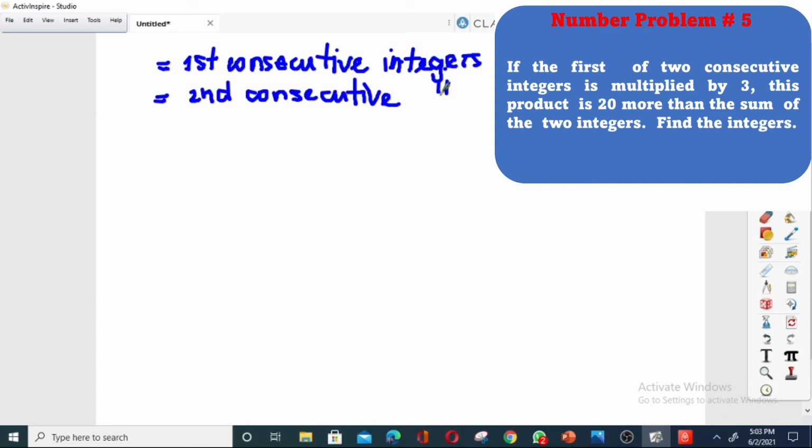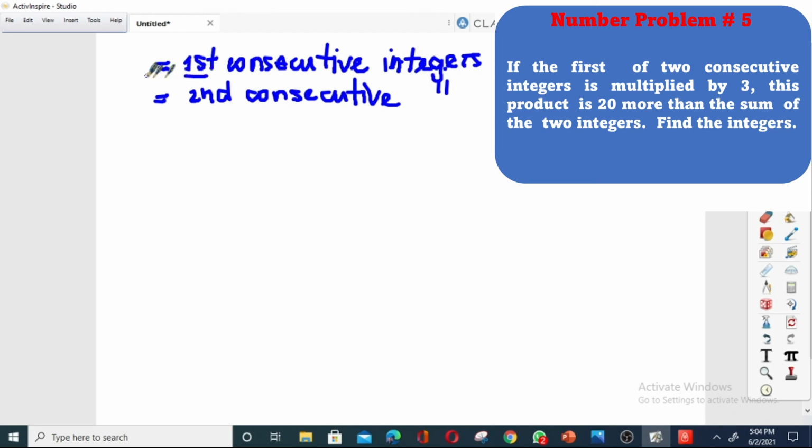Again, when we say consecutive, it is a series of numbers like 1, 2, 3, and so on and so forth. It's a consecutive. It's a series. There's a pattern.